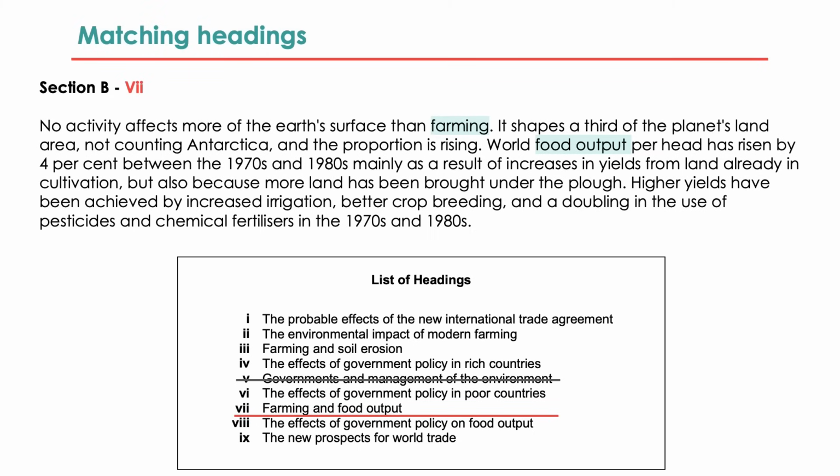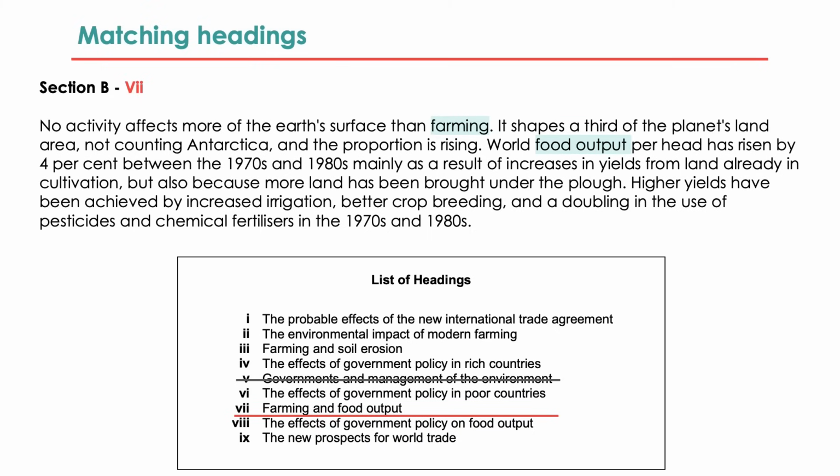Yes, we've mainly read about the food output, and actually all the key words are in the paragraph and haven't been paraphrased. So this is the correct answer. Let's check the next. The effects of government policy on food output. We haven't read about the government policy. And the last one is again about the trade, so it's incorrect.